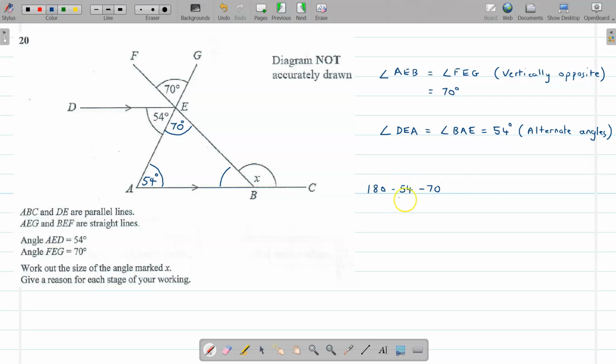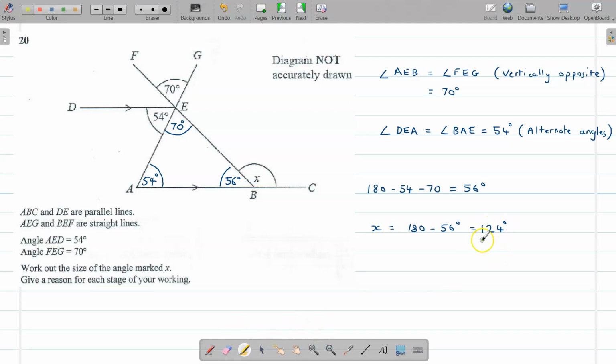That's going to come to 110 minus 54, which is 56 degrees, and that's going to be in here. And having got that one, we can say that X equals 180 minus 56, which is 124 degrees, which is the right answer.